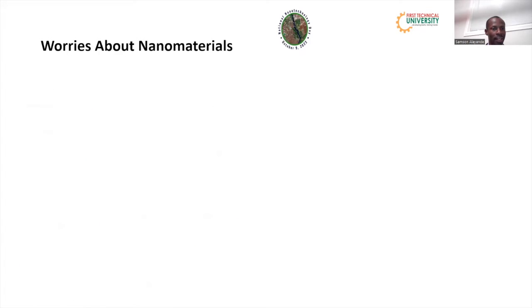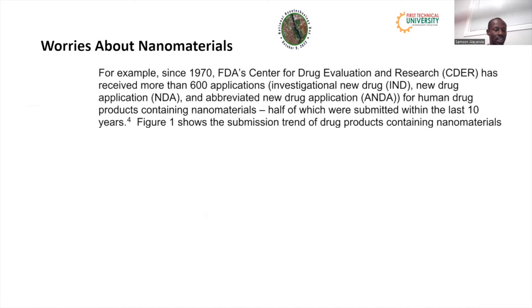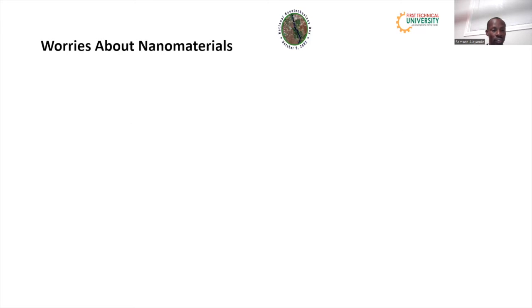But in the midst of these, since 1917 up to now, there have been over 600 applications based on new drugs involving nanomaterials, particularly in coming up with new therapy systems and new procedures. Of course, these nanomaterials have led to various inventions and innovations in the area of pharmaceuticals and several other sectors.